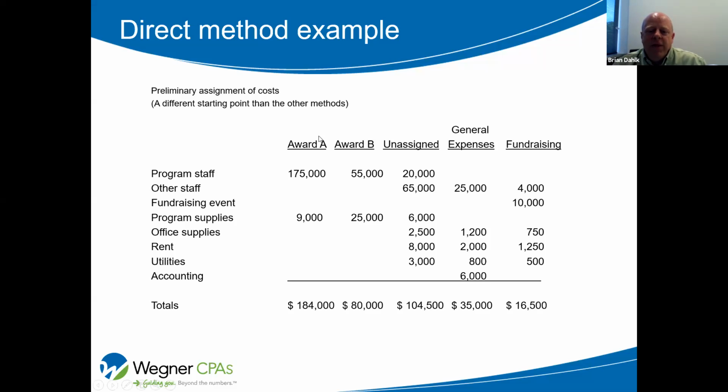We have these categories, award A, award B, and unassigned, which are essentially the program services. Then we have the general expenses, which were called management and general back in the financial statement section, and our fundraising. And so the goal here is to simply allocate these general expenses to the different categories, award A, award B, and unassigned.